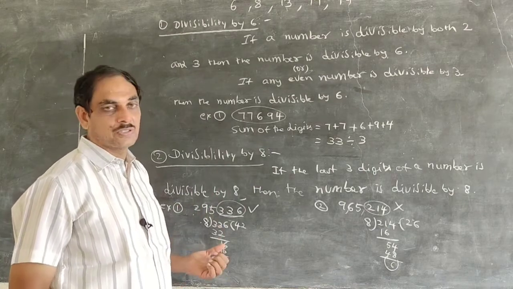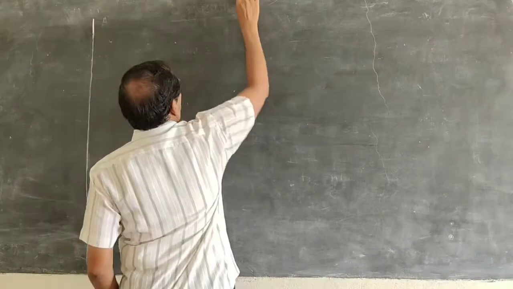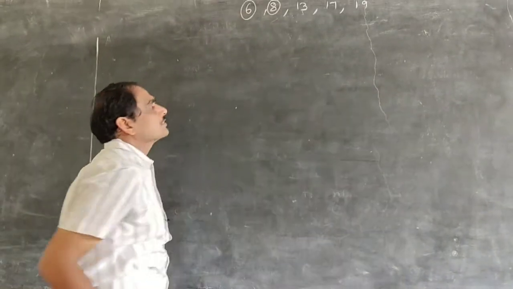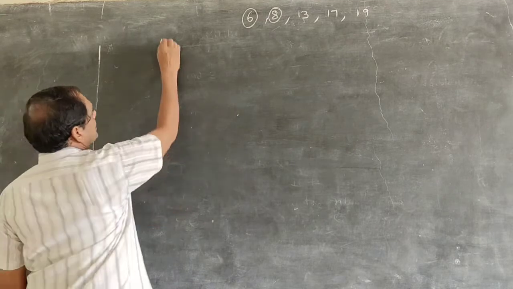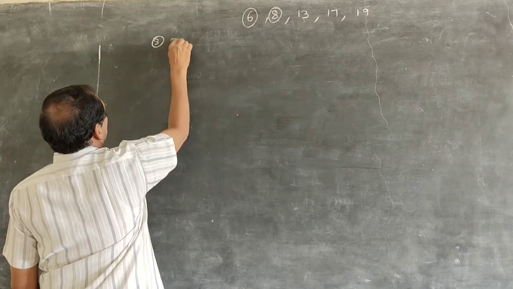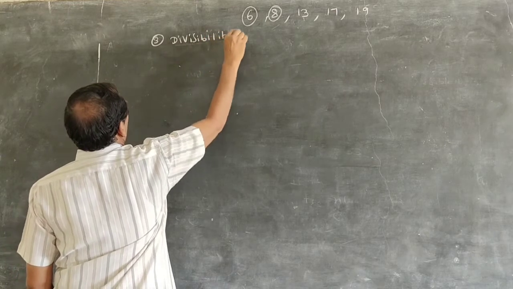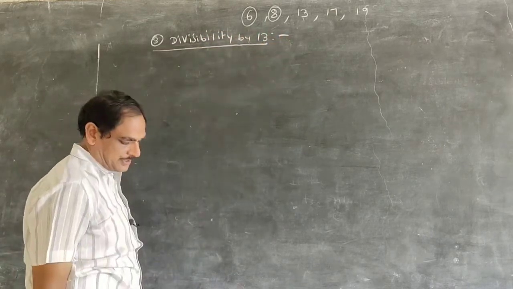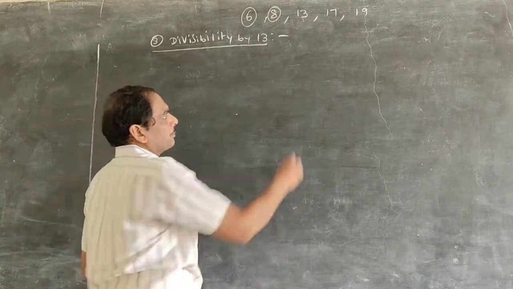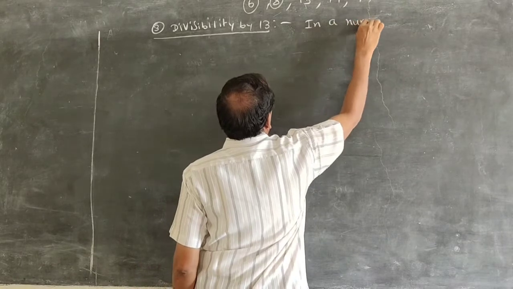Next we go to the third. Already these two are over. Next we go to the divisibility rule by 13. First we write the property and discuss it later.